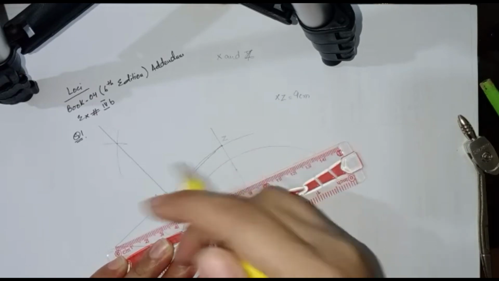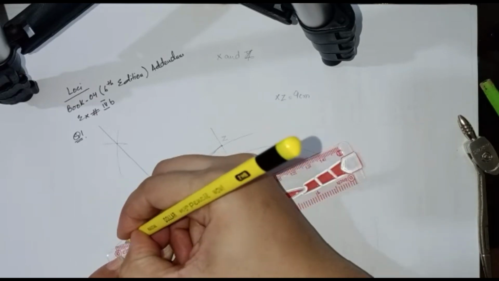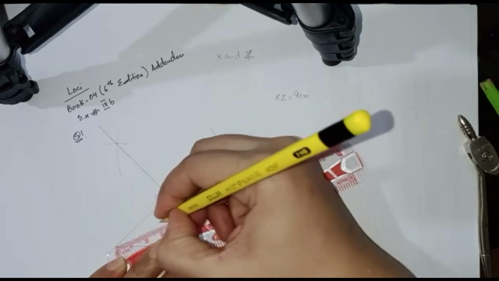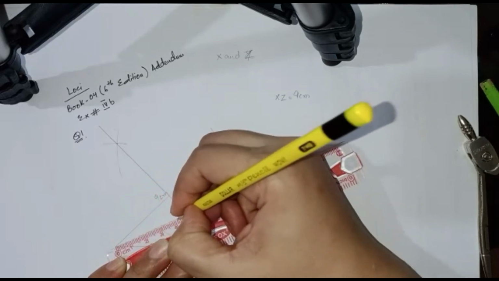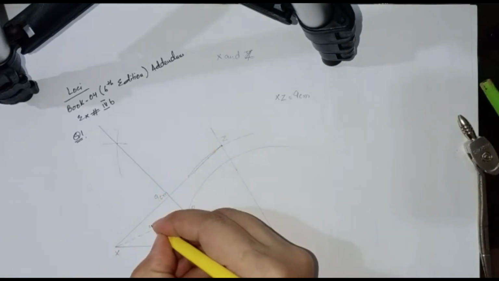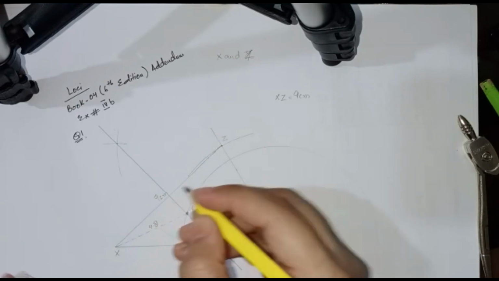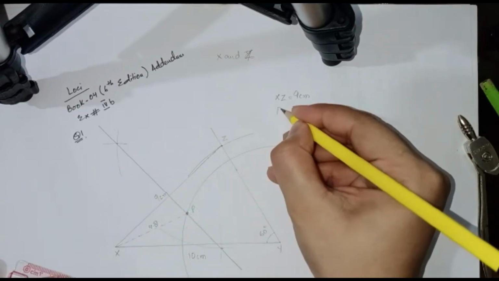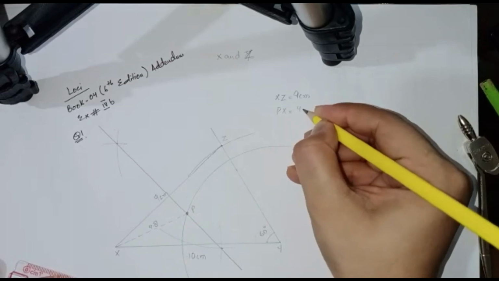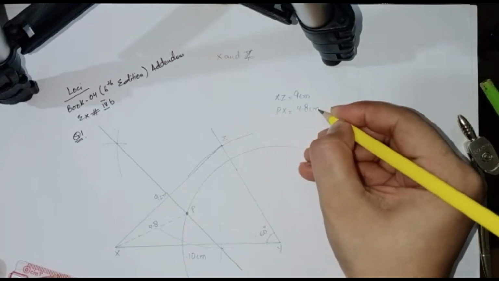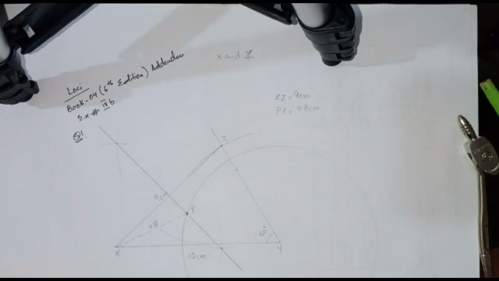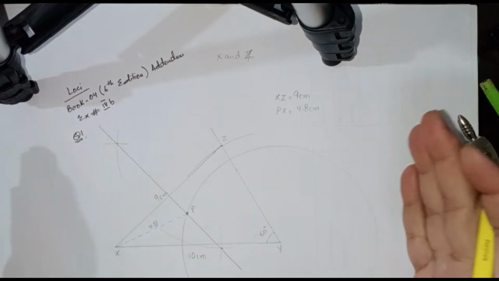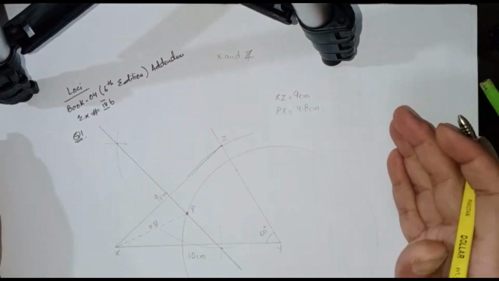Okay, measure it properly. You can join these two by dotted line, and then here you can write 4.8. Okay, so the length PX is 4.8 centimeter. Okay, this is how we will construct all the questions of loci.